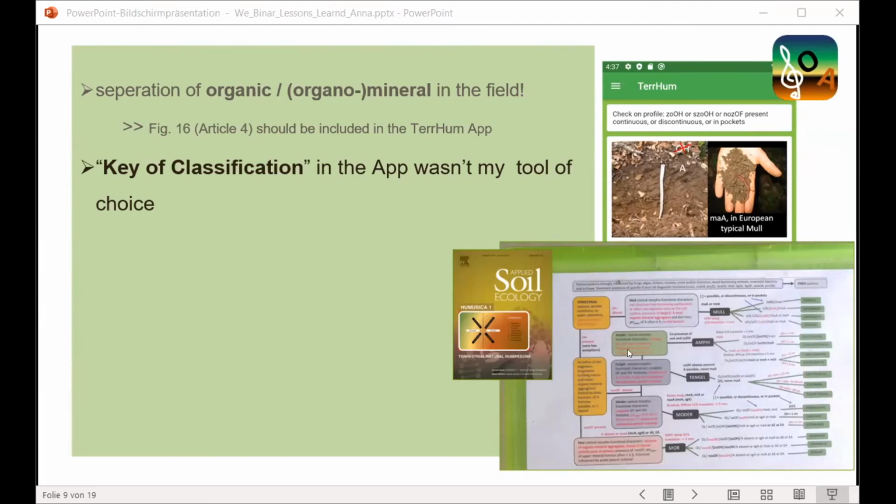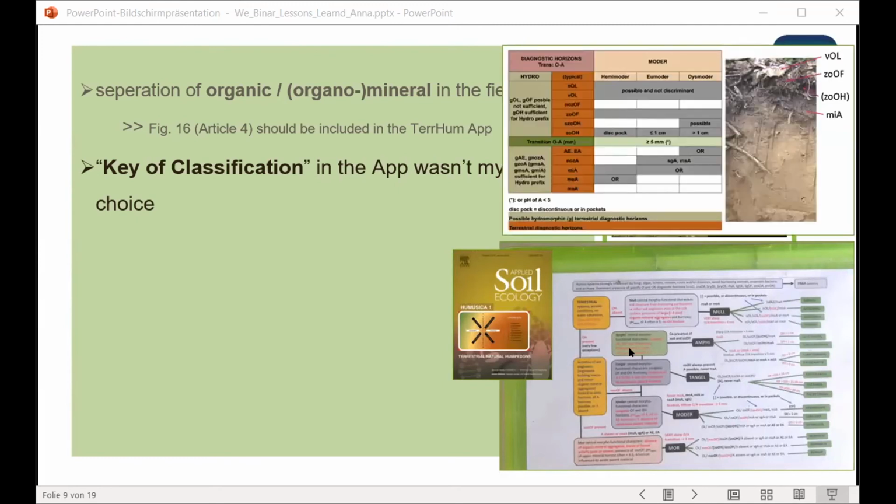And also all the general tables, figures, and great illustrated reference profiles were extremely helpful to come to a decision.